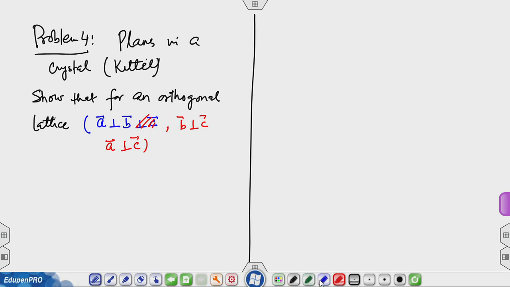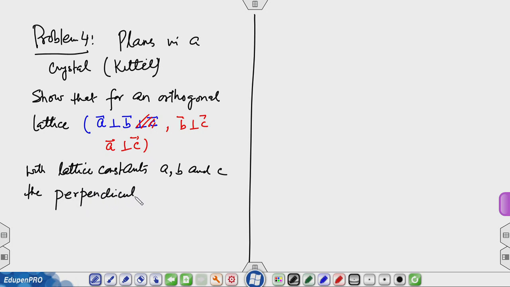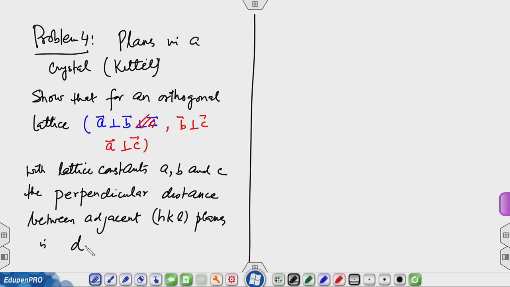So, show that for an orthogonal lattice with lattice constants a, b and c, the perpendicular distance between adjacent hkl planes is d_hkl equals (h squared over a squared plus k squared over b squared plus l squared over c squared) raised to the power minus a half.